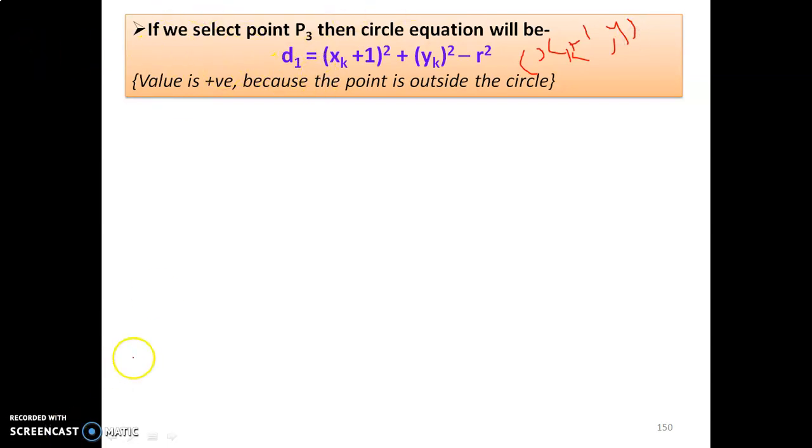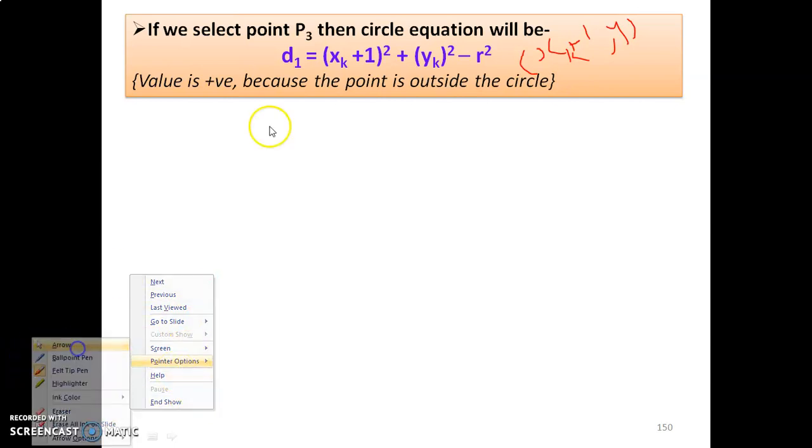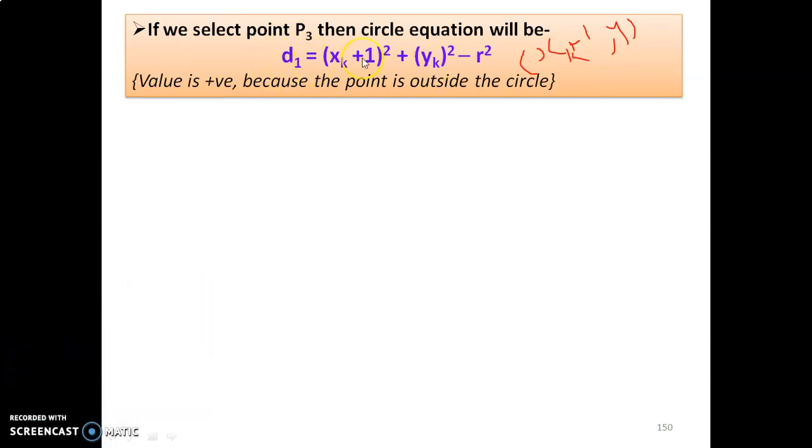So we derive the equation for P3 as D1 equal to xk plus 1 square. Why xk plus 1 square? Because the coordinates for this P3 pixel are xk plus 1 and yk. So plus yk square minus r square.